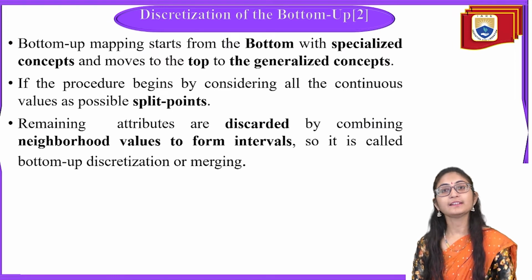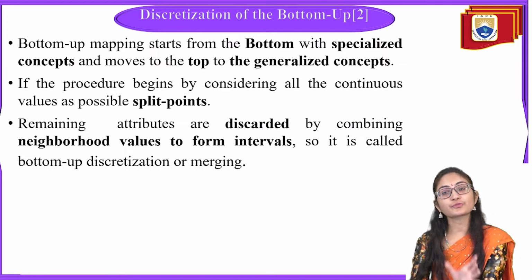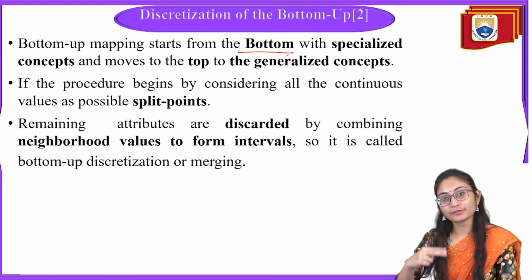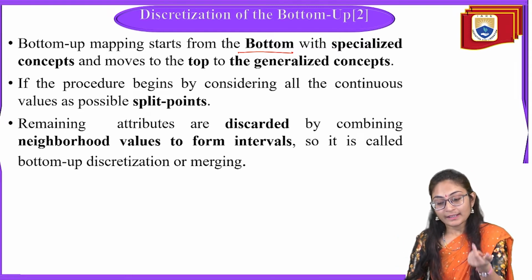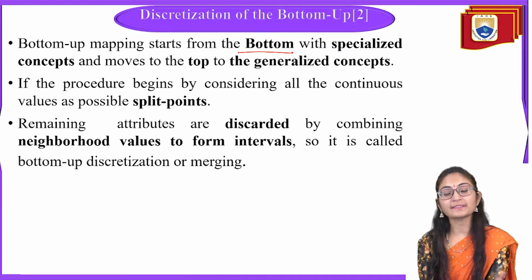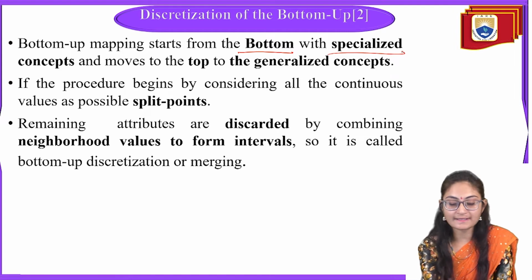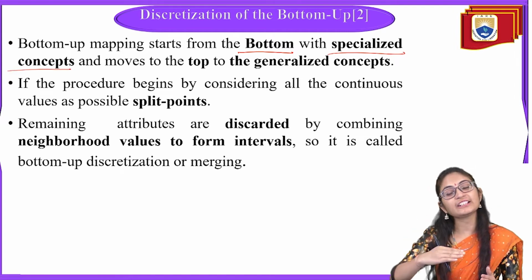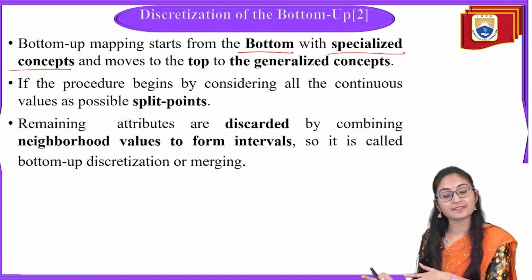Now we will see the bottom-up approach. Bottom-up mapping starts from the bottom and travels to the top. At the bottom, the data will be specialized concept, and it will move towards the top for getting the generalized concept.